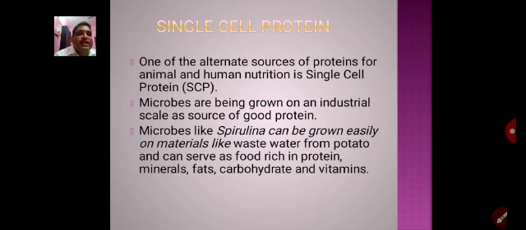SCP is very rich in high quality protein and is poor in fat. One of the best examples I have discussed: it has been estimated that a 250 kg cow produces 200 gram of protein only per day.